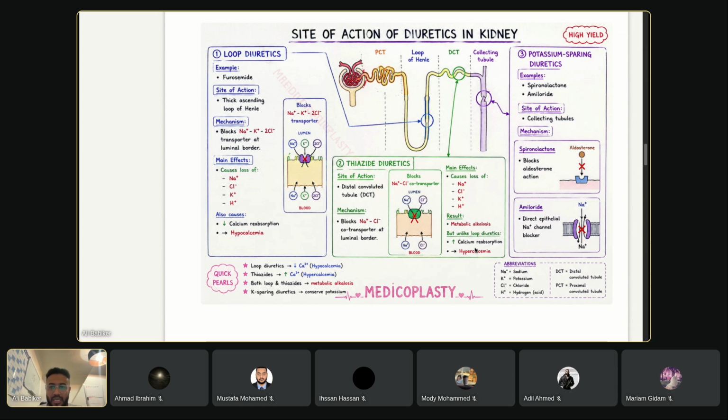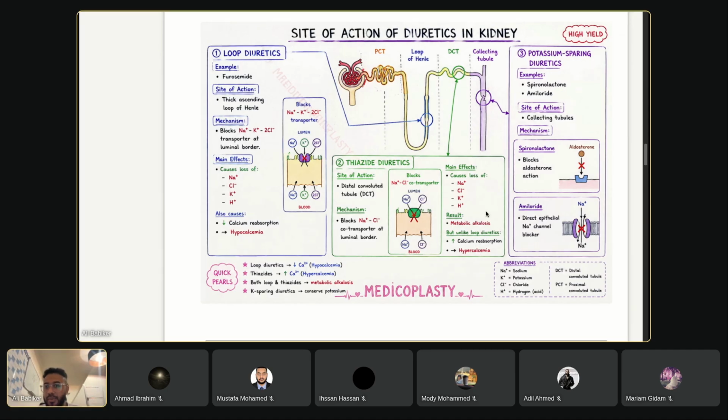So if you have a patient who has hyponatremia, hypochloremia, hypokalemia, and metabolic alkalosis, and they tell you the calcium is high, they may ask you what diuretic he or she takes. Is it loop diuretic or is it thiazide? The answer for that question is thiazide, because the calcium is high. Do you understand why this is important? All right.